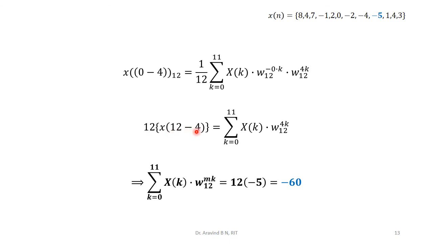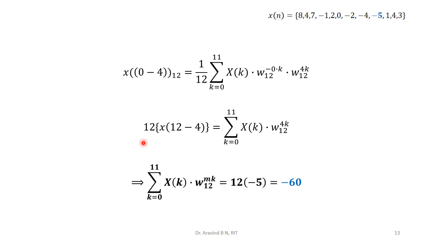Now this part has almost resolved. So X of 0 minus 4 is X of minus 4 we are going to have. So we have got a negative term. Therefore we are going to make that as X of 12 minus 4. So that is what is being represented over here. So X of 12 minus 4 will be equal to this representation. Therefore, this representation written first over here will be equal to 12.